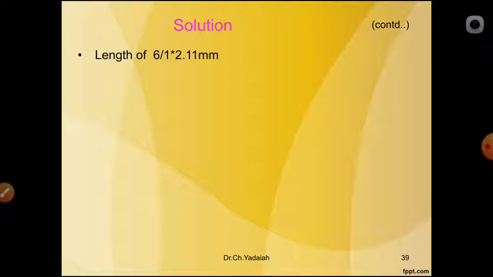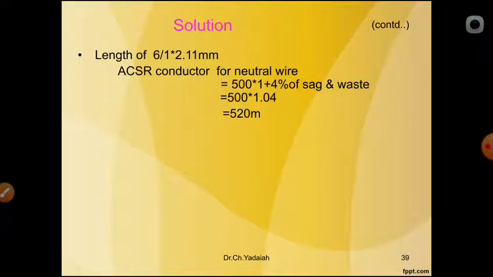Now after that we are going to calculate the length of 6 by 2.11 mm ACSR conductor for the neutral wire, that is the same distance, half kilometer, 1 neutral, into 1 plus 4% sag. So 500 into 1.04, that is 520 meters of ACSR conductor required for the neutral wire.